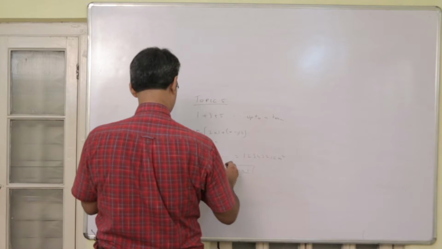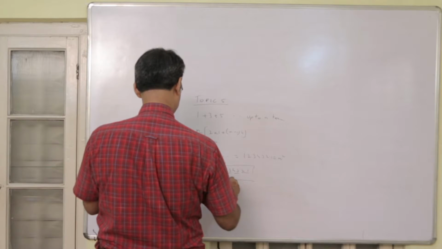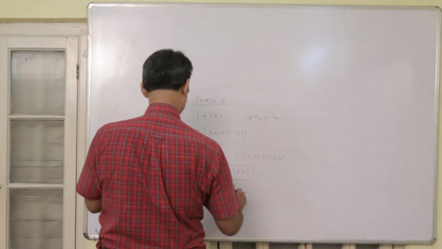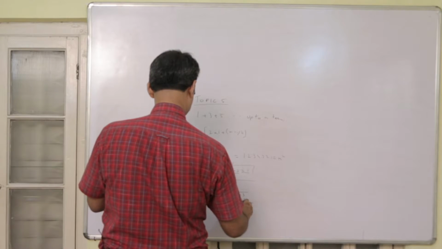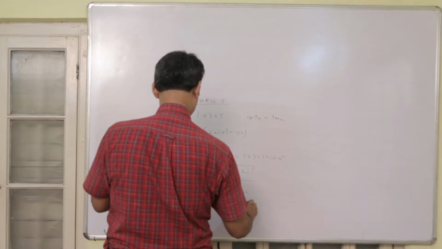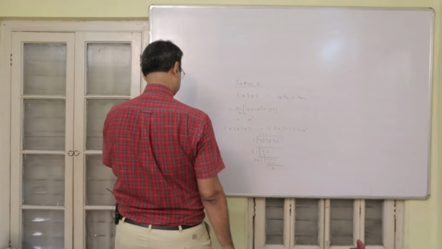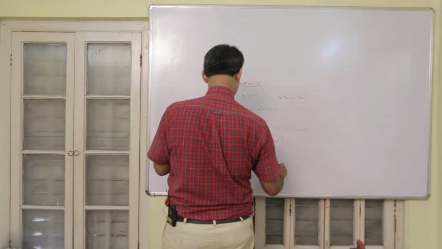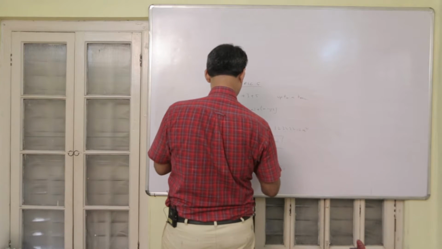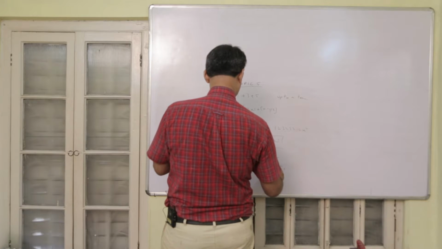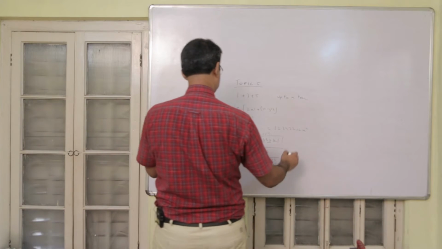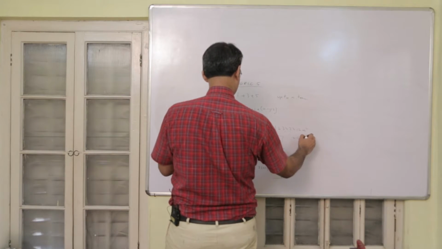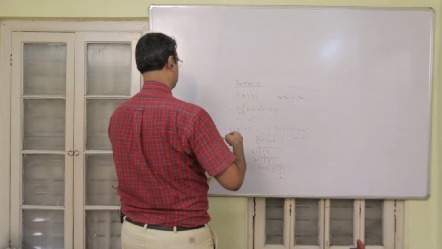So n will be the square root of this. So that means we are getting n is equal to 1 1 1 1.